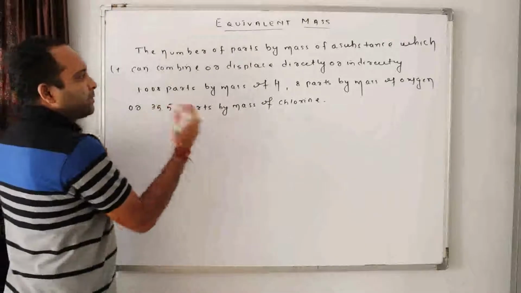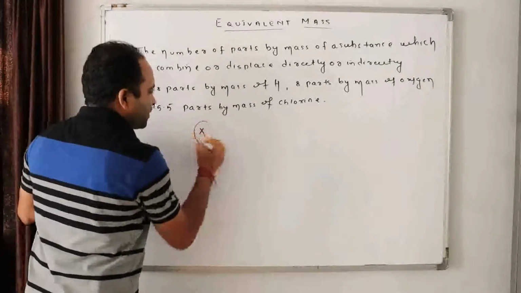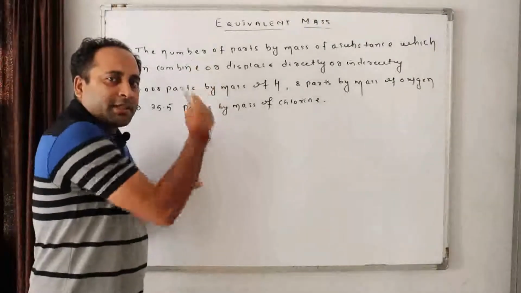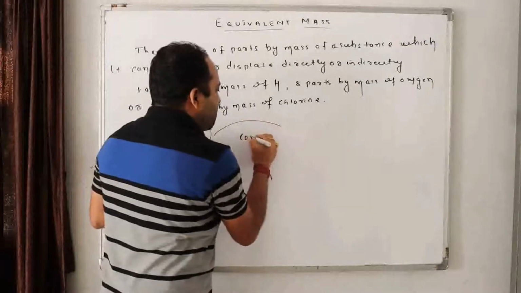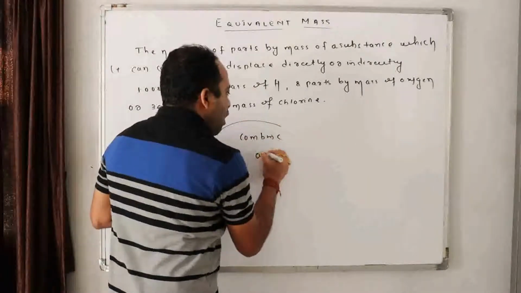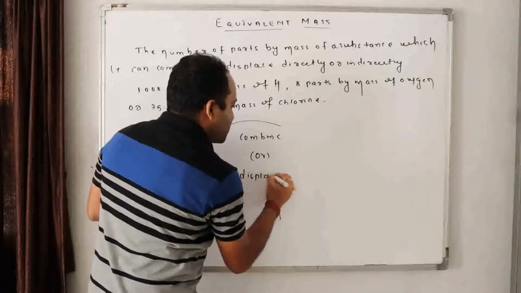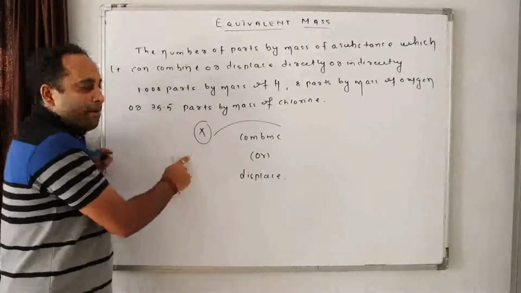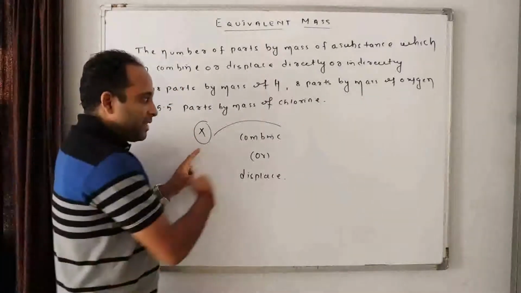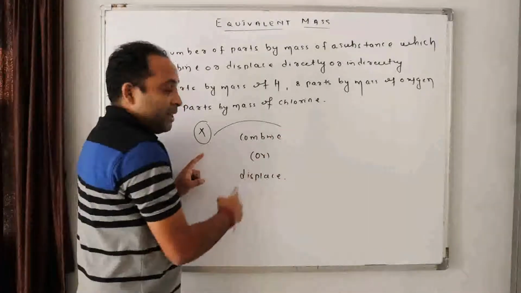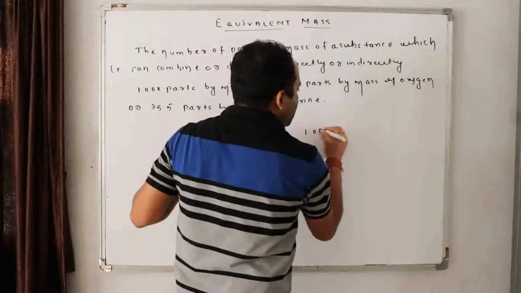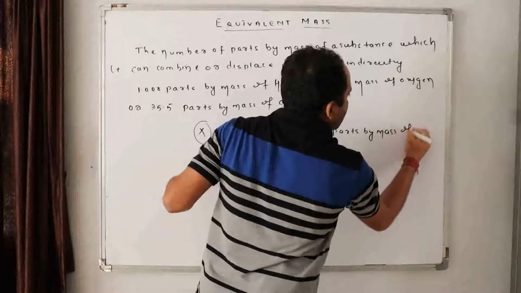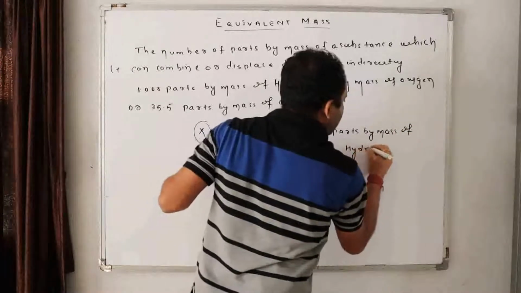The equivalent mass of a substance, let it be X, means the number of parts by mass of this substance that can either combine or displace 1.008 parts by mass of hydrogen.